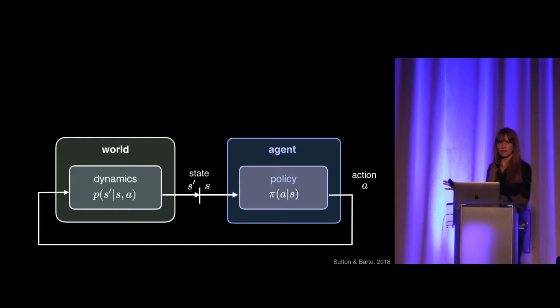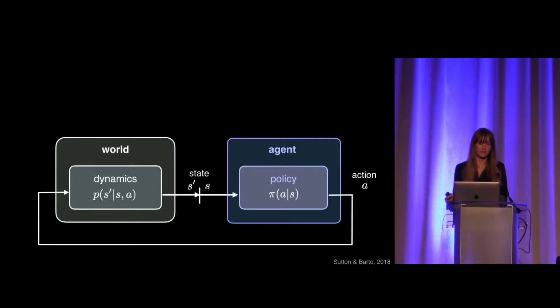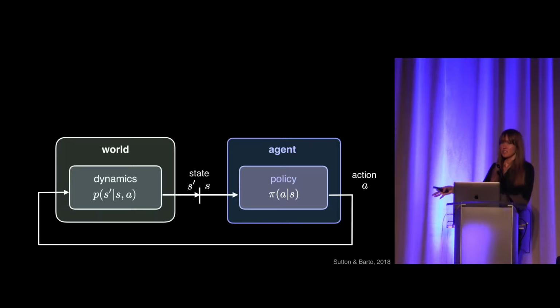Okay, so everything that we've specified so far, we haven't said anything about rewards. Even without specifying anything about rewards, we can talk about the dynamics of the world and the policies that agents might use to select their actions. But now we're going to introduce the idea that the world could contain different rewards and punishments, and that the agent could use that information to change the way that it behaves.